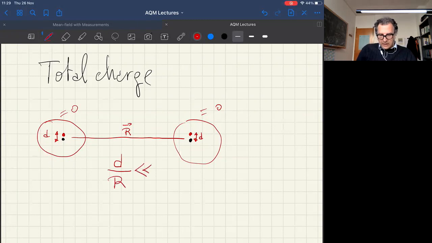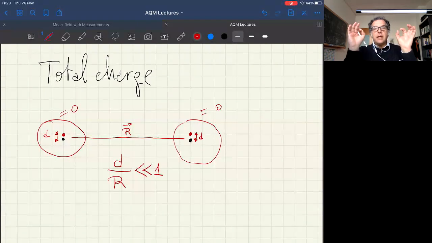This parameter is much smaller than 1. In the example I gave you before, the typical dimension of the atom is much smaller than the distance between the two atoms, okay?